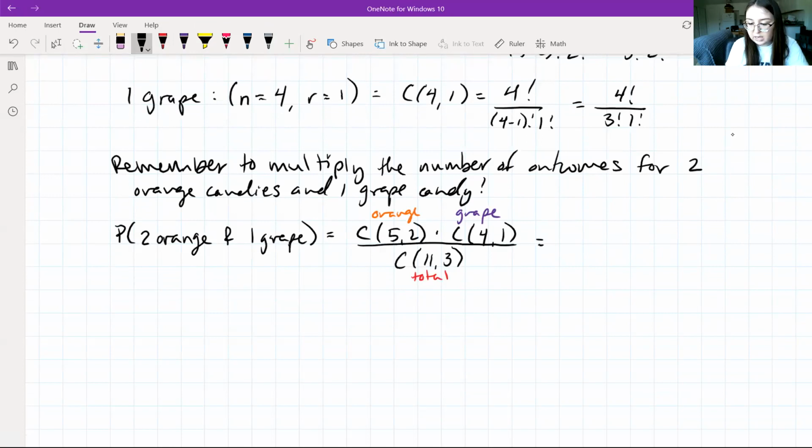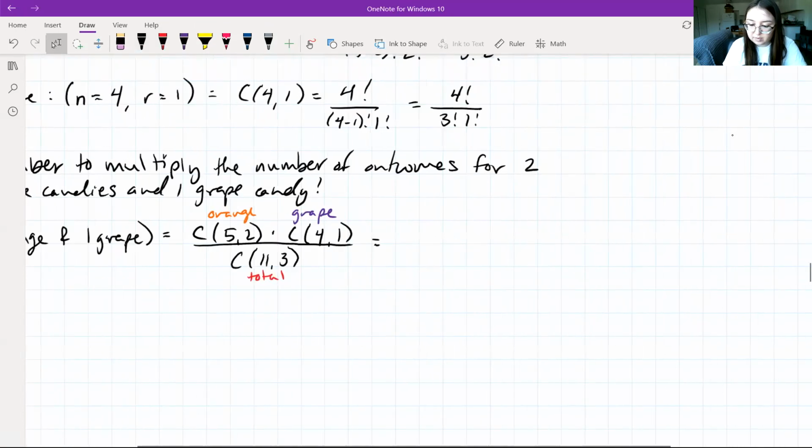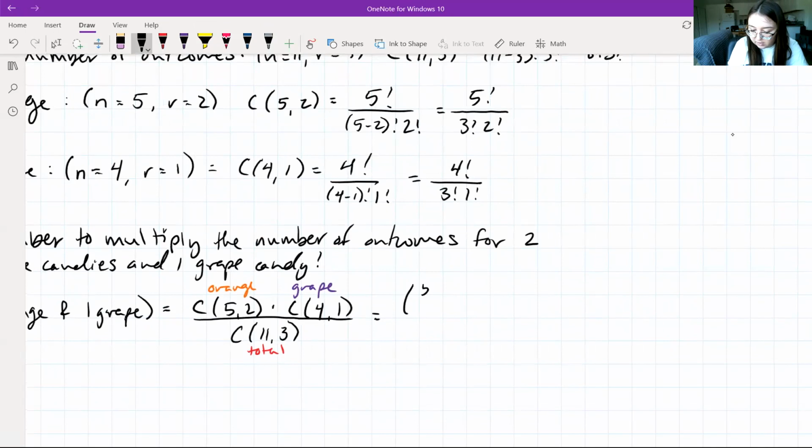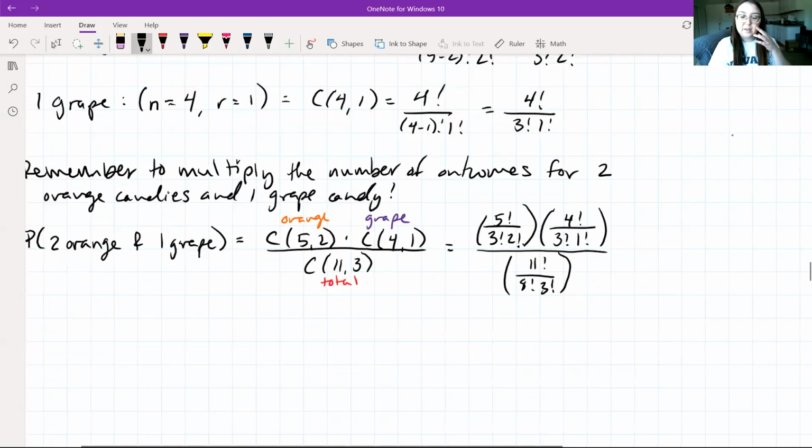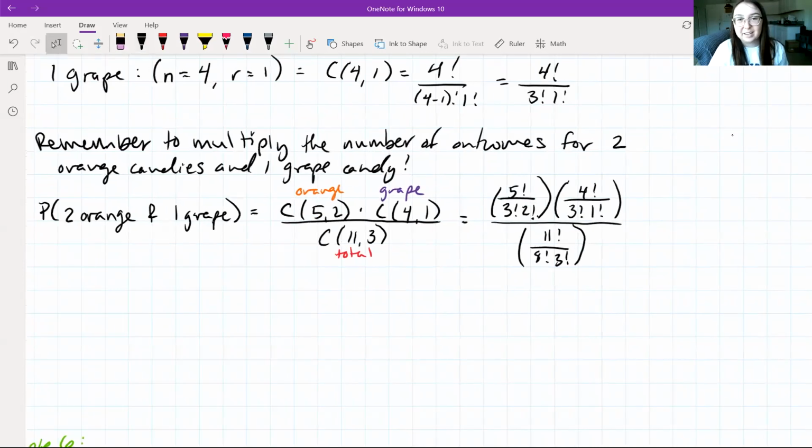So when we put these together, this is going to give us 5 factorial divided by 3 factorial times 2 factorial, times 4 factorial divided by 3 factorial times 1 factorial, divided by 11 factorial divided by 8 factorial times 3 factorial. So this is our equation that we're going to get.